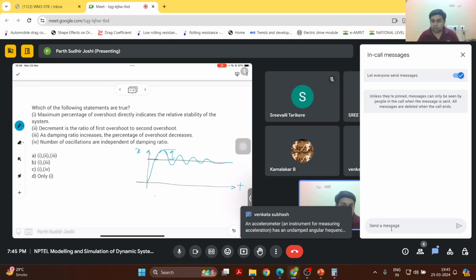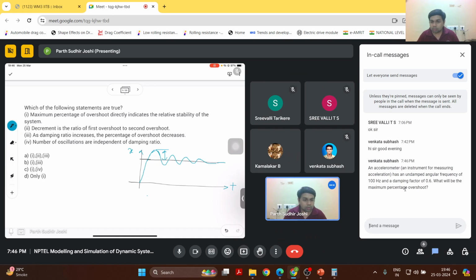I have got a question in the chat. An accelerometer has an undamped angular frequency of 100 hertz and a damping factor of 0.6. What will be the maximum percentage overshoot? Okay, so you want to solve this also.